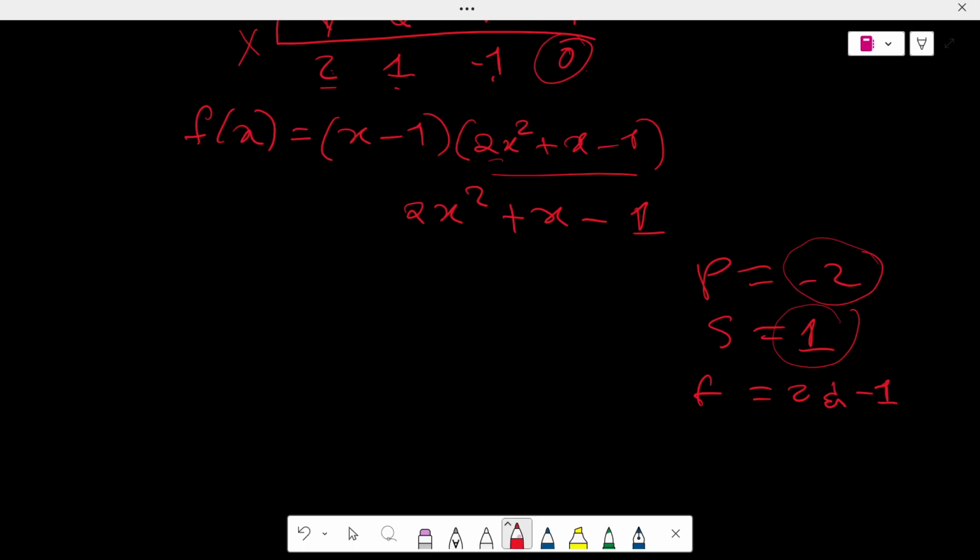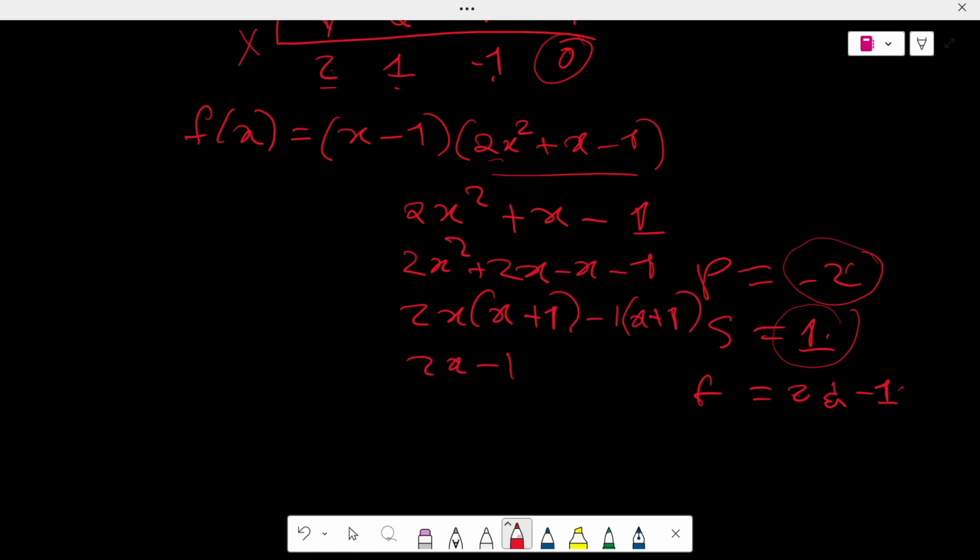So 2 times negative 1, that's negative 2, then 2 plus negative 1, that's 1. So then we have this here, we have 2, and then we have negative 1, and then we have 1. So we can factorize this. We have this, 1x plus 1.